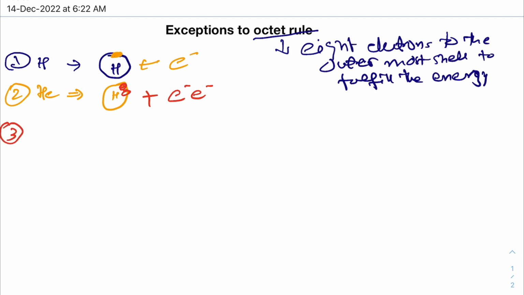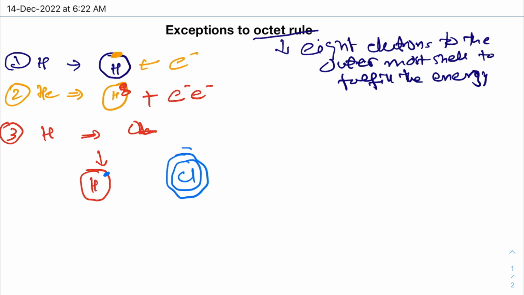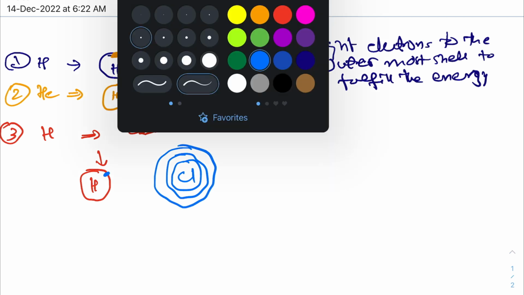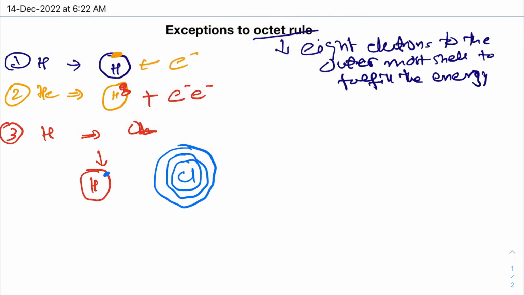While in the case of hydrogen plus chlorine, we see that hydrogen contains 1 electron, while chlorine contains 7 electrons in its outermost shell.